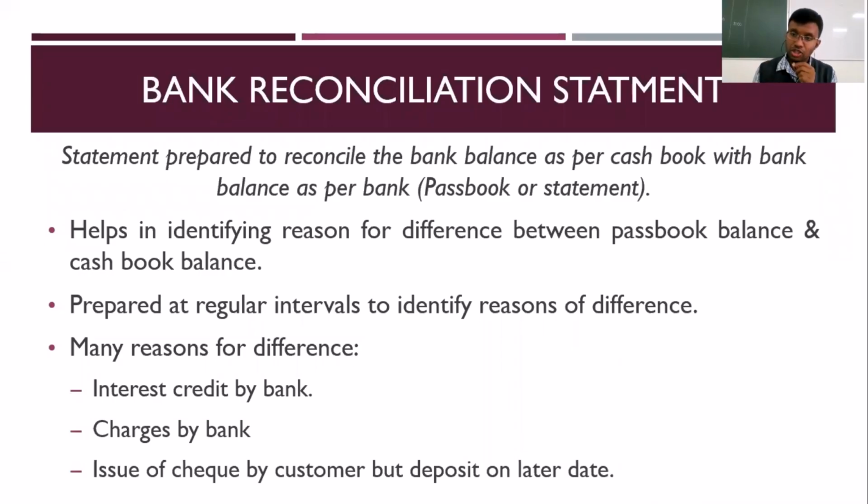But in your cash book, you have a record that says that the money has already gone. So these are some scenarios where there could be a disagreement between the bank balance as per passbook and the bank balance as per cash book. So, what is a reconciliation statement?